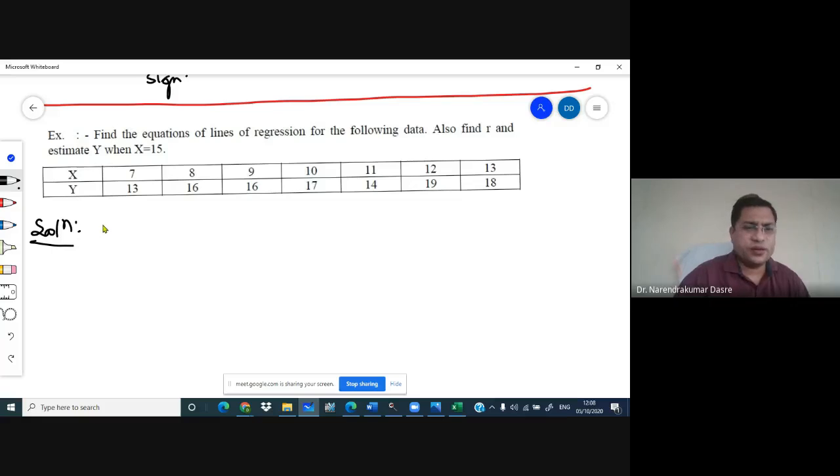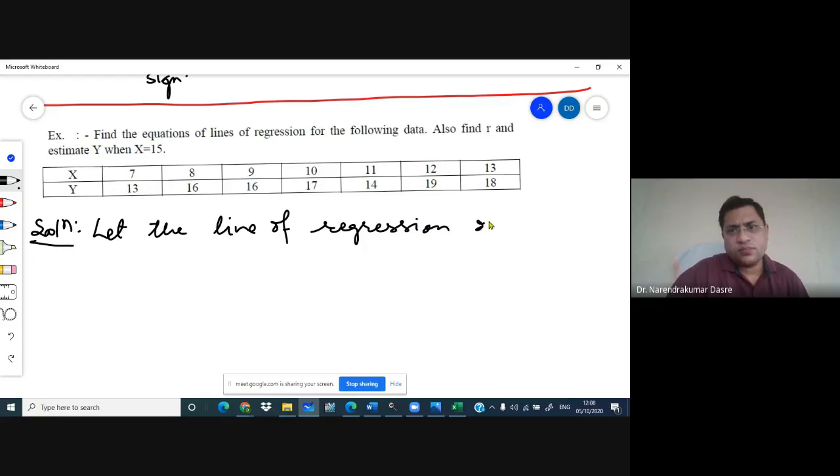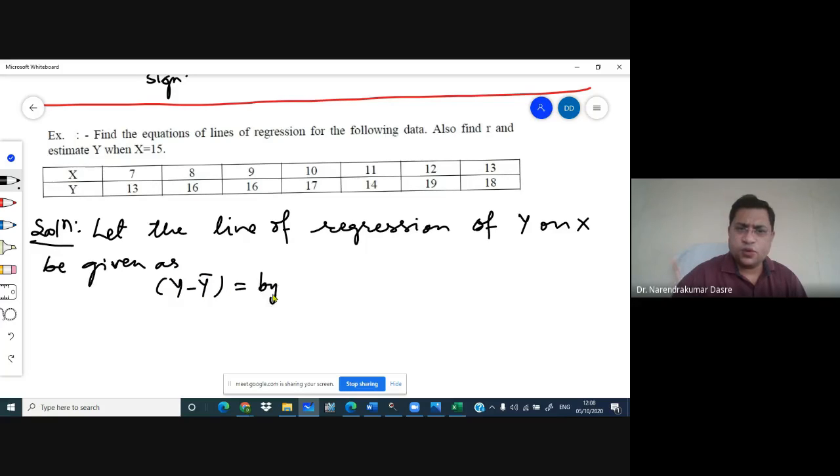So let the line of regression of Y on X be given as Y minus Y bar is equal to Byx times X minus X bar, equation 1.